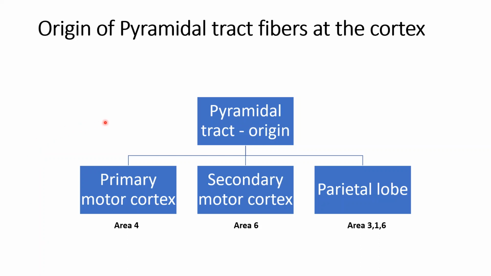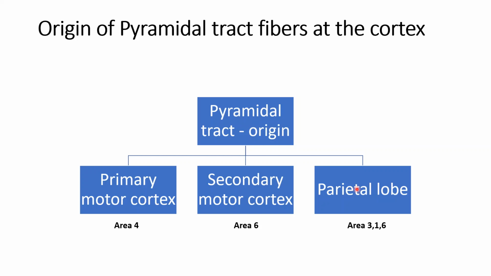So pyramidal tract origin, as you would have seen in the Snell's Neuroanatomy reference which I had shared, it is contributed equally by 3 groups: the primary motor cortex fibers, the secondary motor cortex fibers, and the parietal lobe fibers.